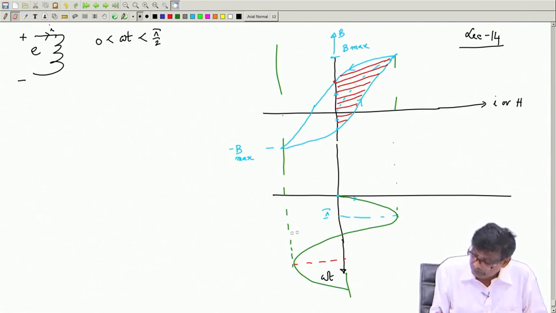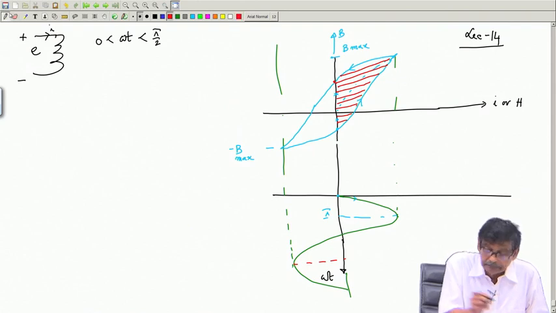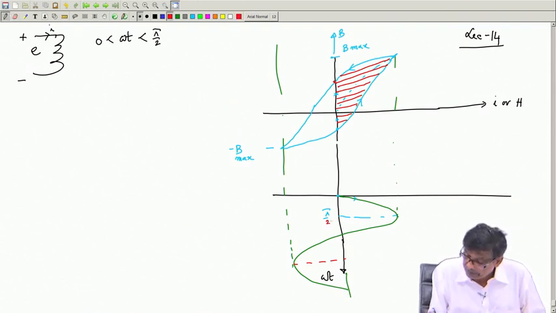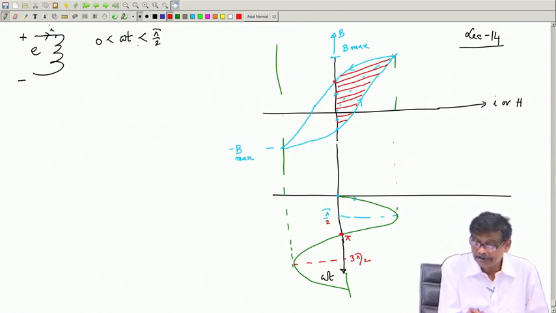Sorry, this is pi by 2 and this is pi, and this is 3 pi by 2. So, between 0 to pi by 2 current was increasing, and from pi by 2 this point will be reached, I have reached this point. So, 0 to omega t to pi by 2 it is like this.